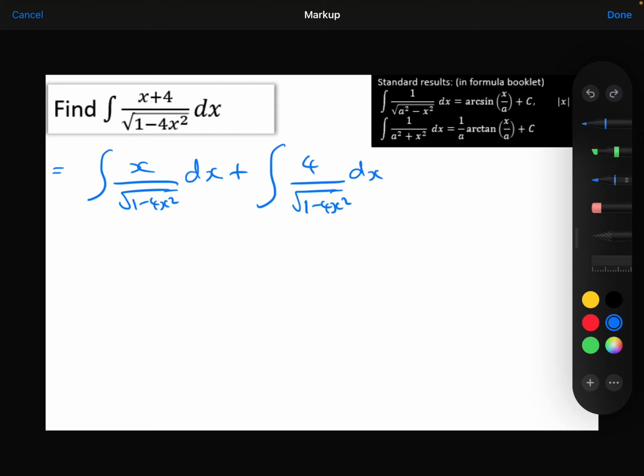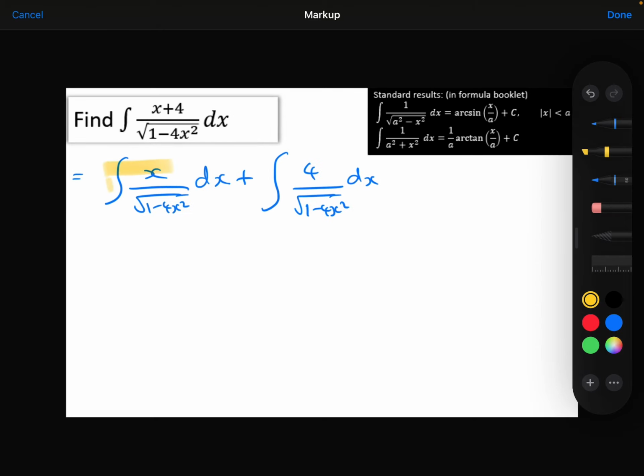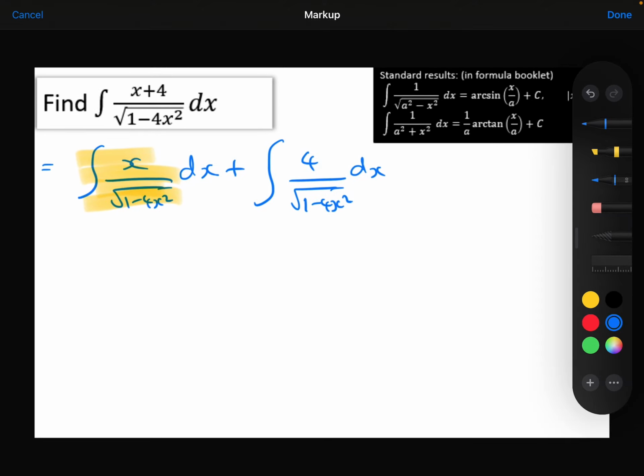Now, the first term here, we don't actually need the standard results. We could have done this in regular A-level maths, because we can use spotting the derivative for this. I can think of this as being x times 1 minus 4x squared to the power of minus a half.